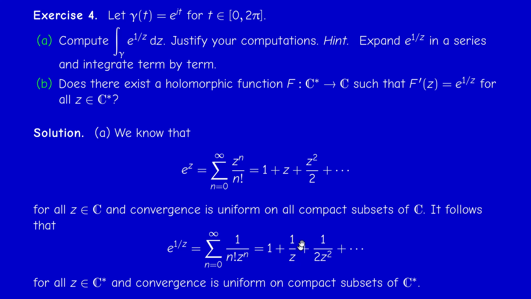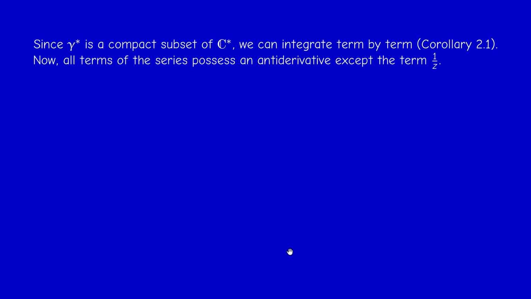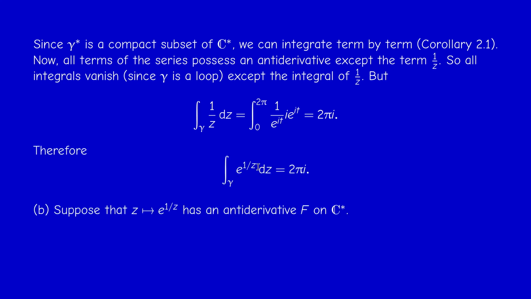So in conclusion, the integral I'm searching for is just the integral of 1 over z, which we already computed in the lectures, which is just 2 pi i by a direct computation. And therefore, the integral is 2 pi i.